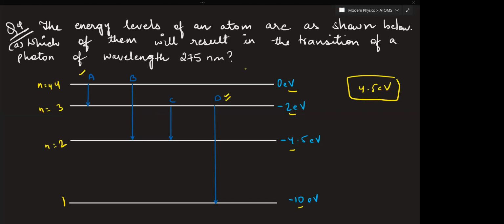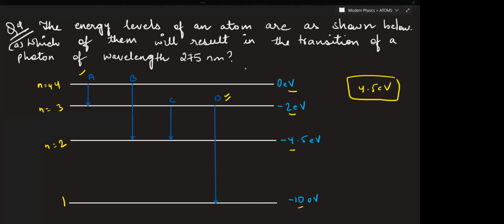Now this energy level diagram is of a random atom. Transition A represents an energy transition from 0 electron volt to minus 2 electron volt. Transition B represents a transition from 0 electron volt to minus 4.5 electron volt.